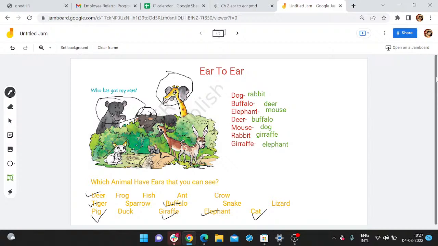क्या कोई और बता सकता है animals जो किसी ने कभी देखा हो और इसके ears भी दिख रहे हों, या कोई ऐसी चीज़ जिसके आप देखना चाह रहे हो ears but वो आपको दिखे नहीं? So think for a minute and then share.